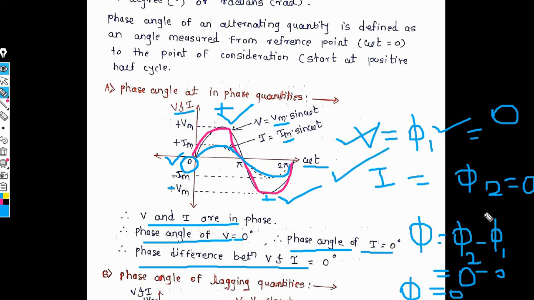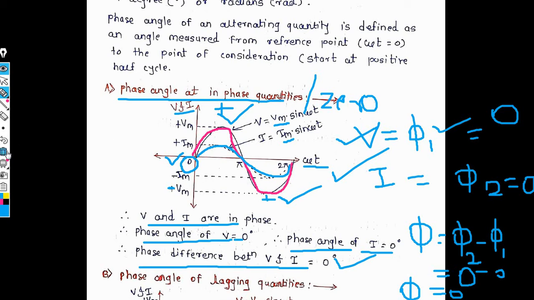Then the phase difference between them is 0. Now this is the phase angle in an in-phase quantity or zero phase. Okay. This is the first type.